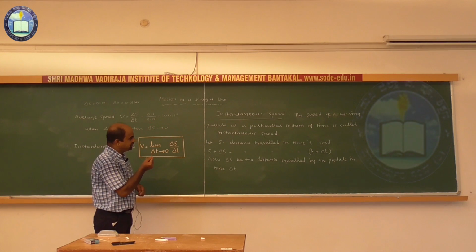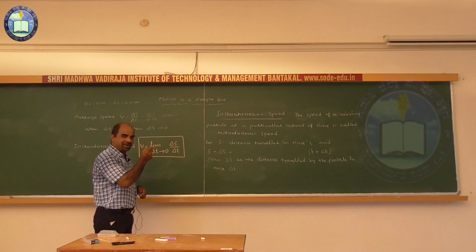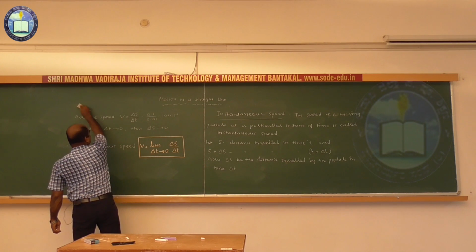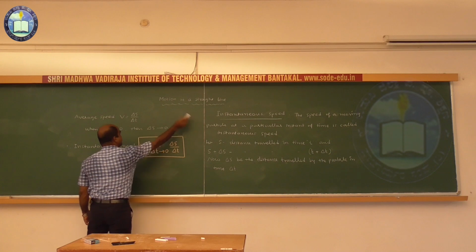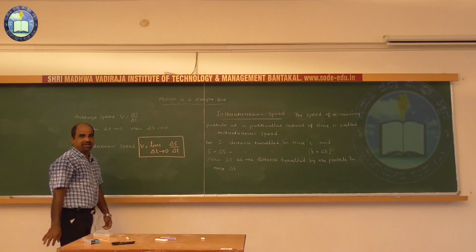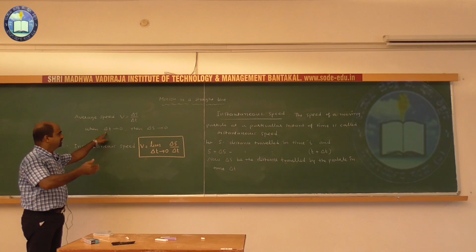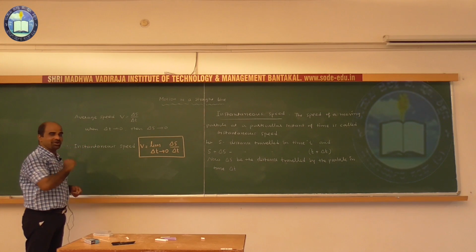Now delta S will be the distance traveled by the particle in time delta t. Got it? Now, the average speed of the particle is given by V equal to delta S by delta t. When delta t approaches 0, delta S also tends to 0.